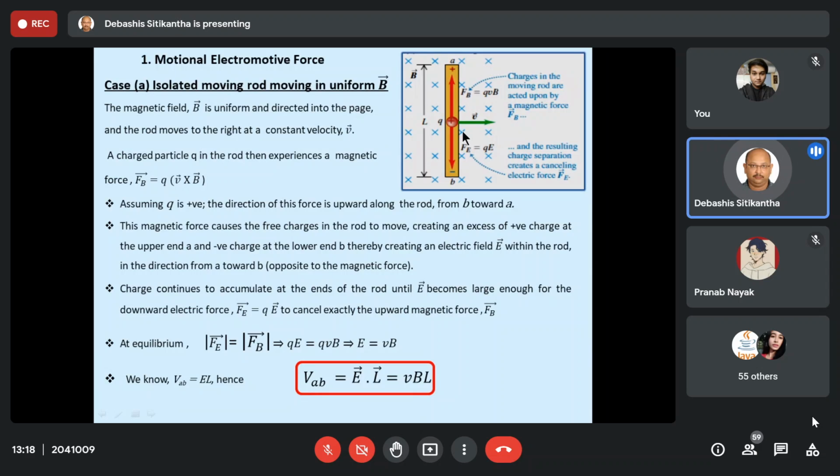Now when they are separated, all the positive charges will move towards the end A and all the negative charges will move towards the end B. We have already discussed all this, now I am repeating it. So all the positive charges will accumulate on the upper side and all the negative charges, that is the electrons, will be collected on the bottom side of this conductor.